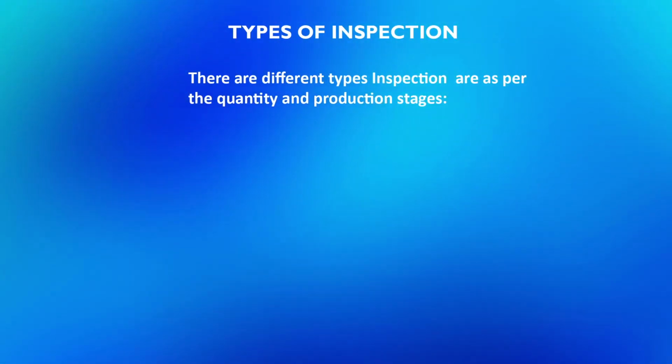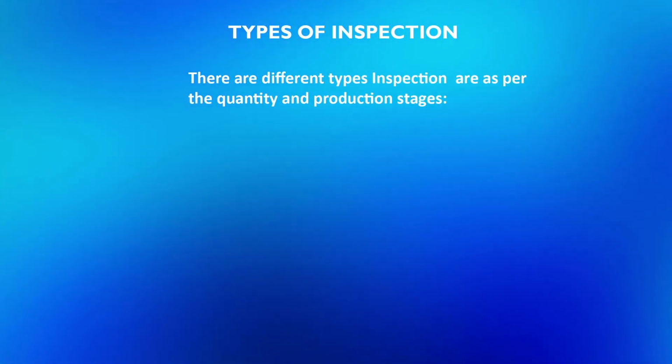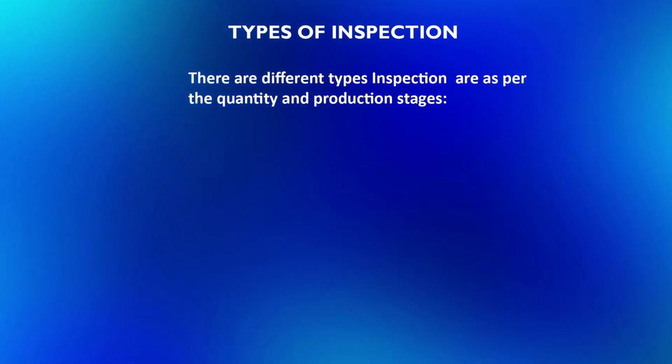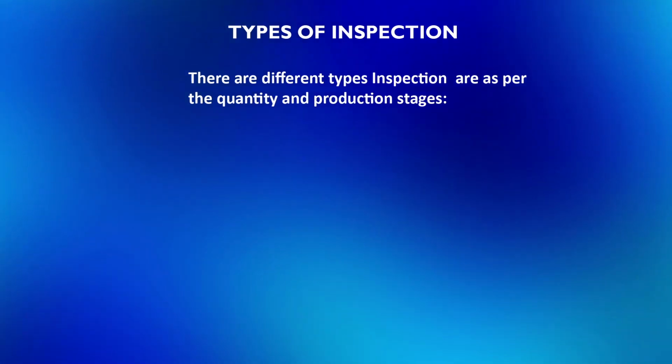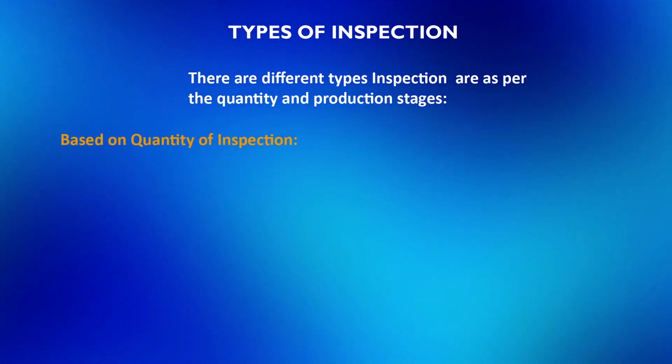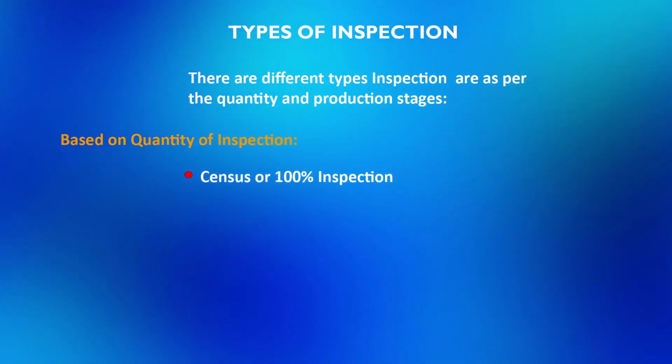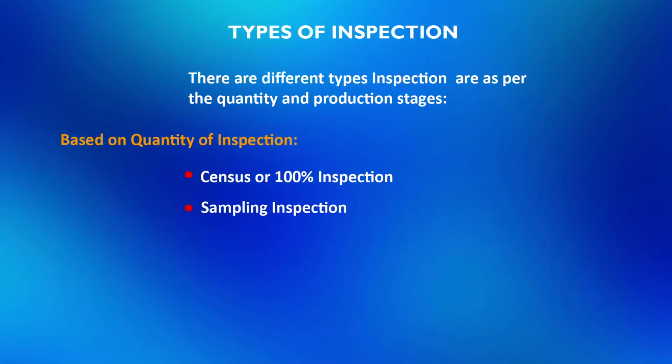The types of inspection. There are different types of inspection as per the quantity and production stages. Based on quantity of inspection: census or 100% inspection, and sampling inspection.